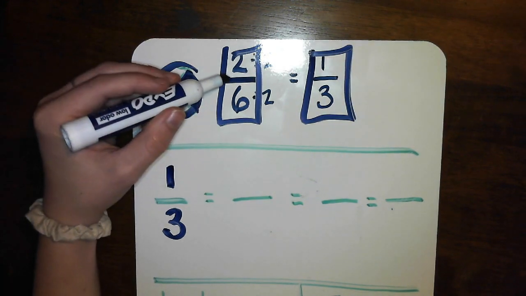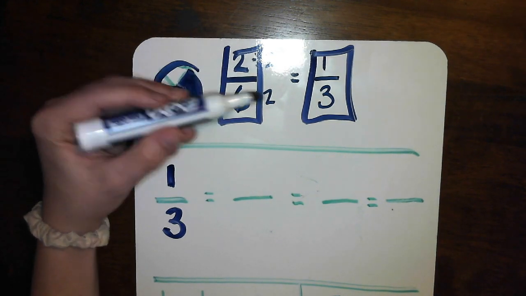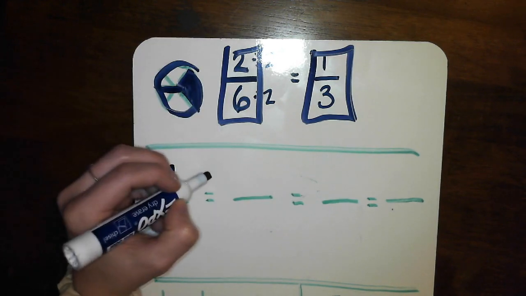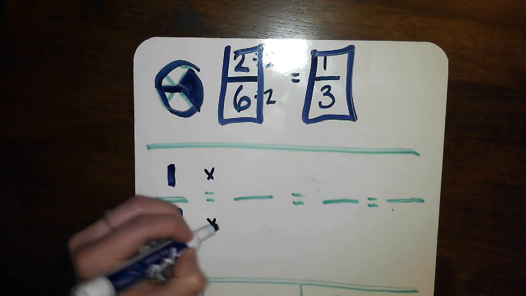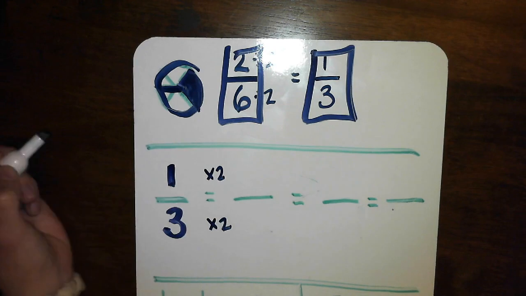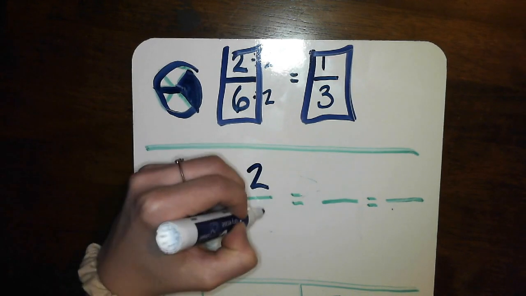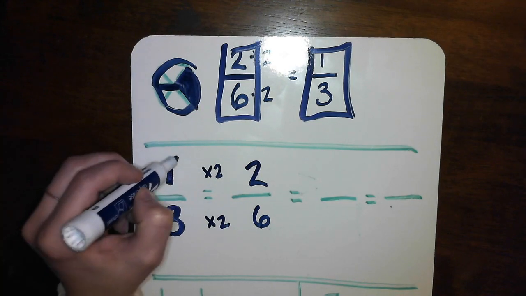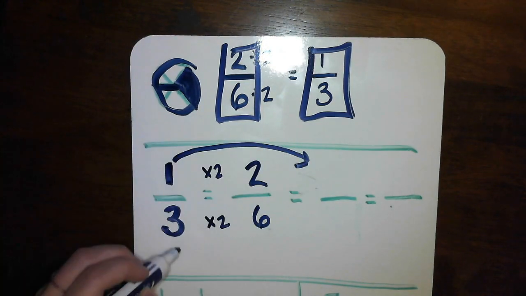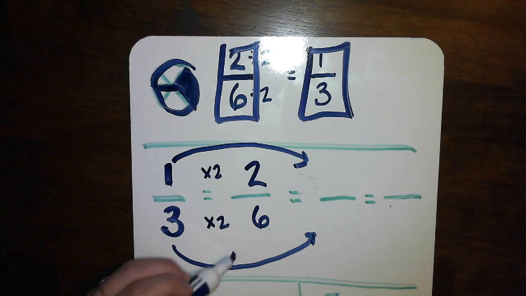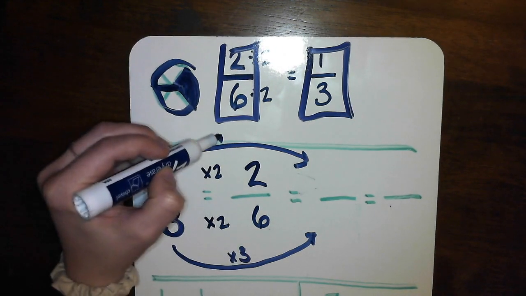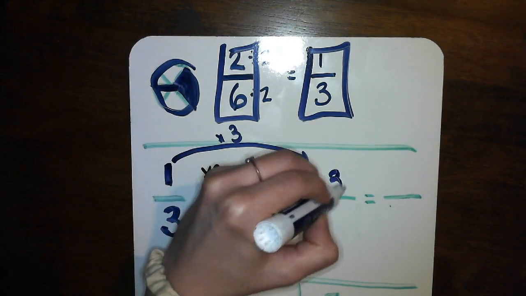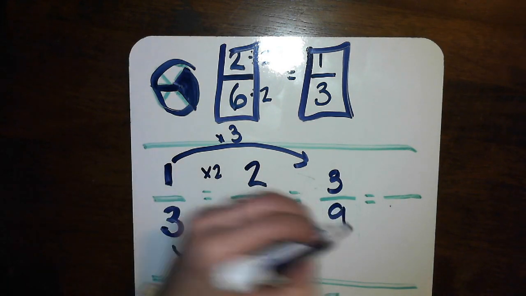So I know that I changed 2/6 into 1/3 by dividing by 2. So if I wanted to change it back, I could multiply it by 2 and get 2/6. I can continue this fraction chain going by taking 1/3 and then multiplying it by 3. 1 times 3 is 3. 3 times 3 is 9.